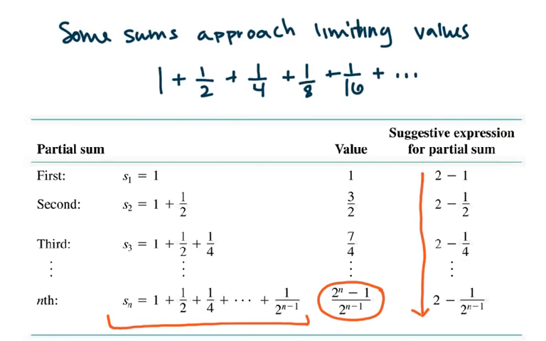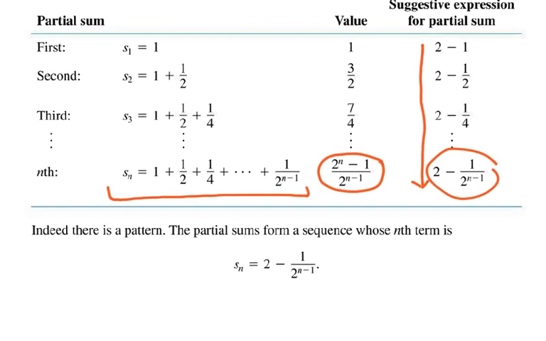A partial sum goes to an nth term as opposed to an infinite sum, which would go on forever. So there is indeed a pattern, and these partial sums form a sequence with this 2 minus 1 over 2 to the n minus 1 representing that nth term.